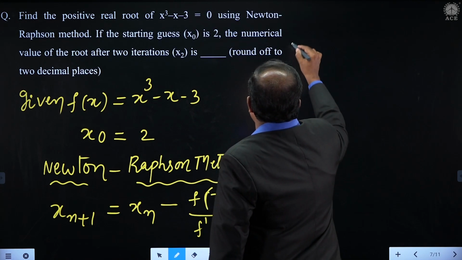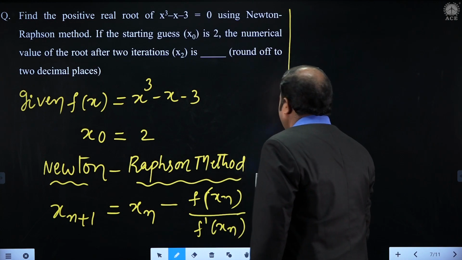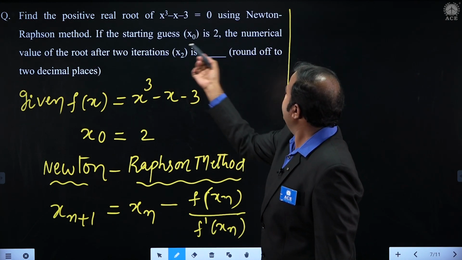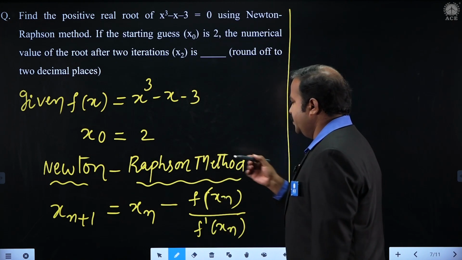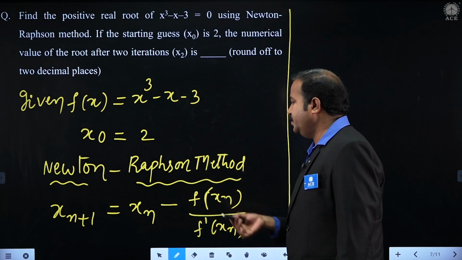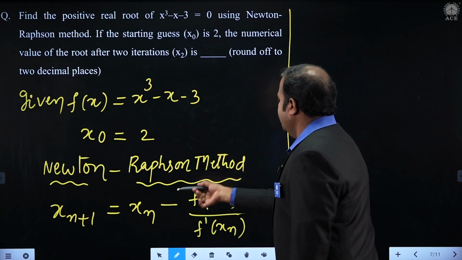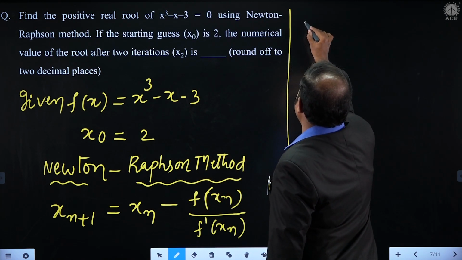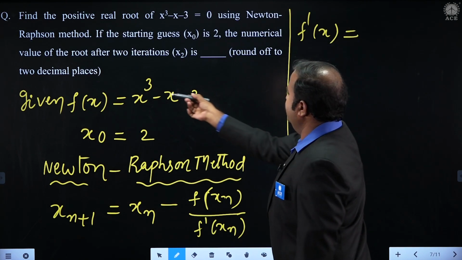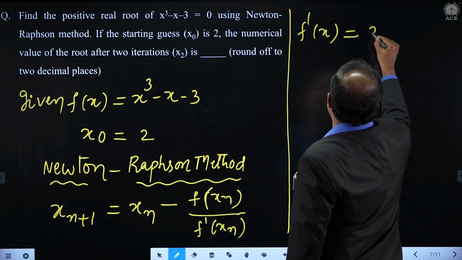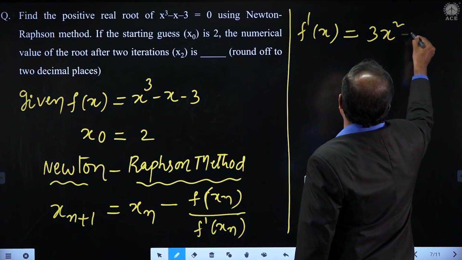So here, for the numerical value of the root after 2 iterations, that is first iteration, second iteration, we need to perform. So first f dash of x. What is f dash of x here? x cube derivative is 3x square, minus x derivative 1.